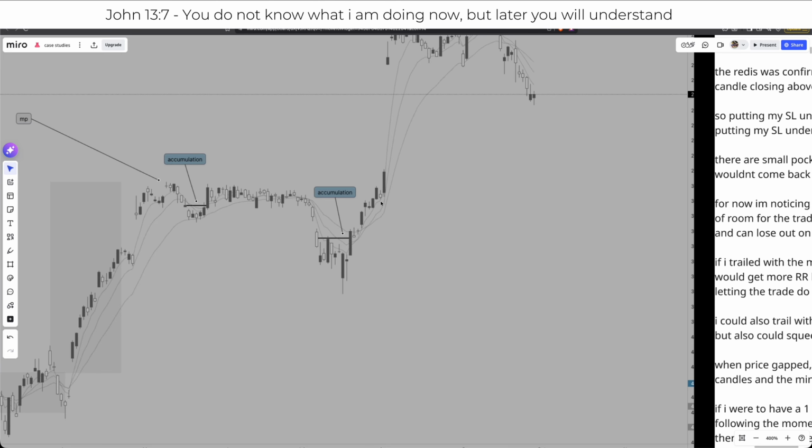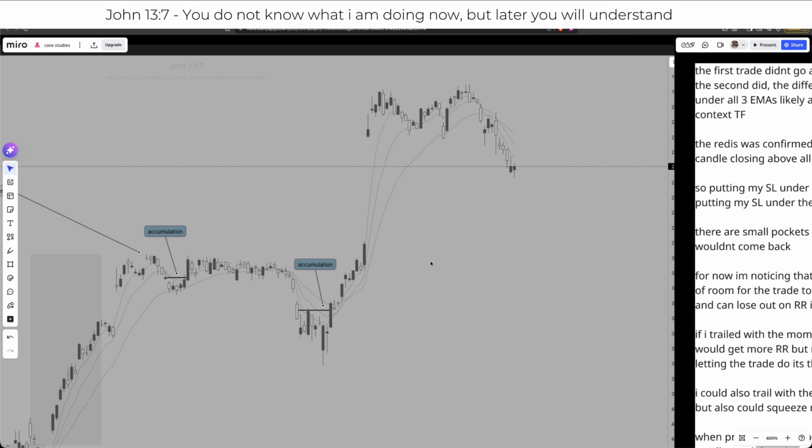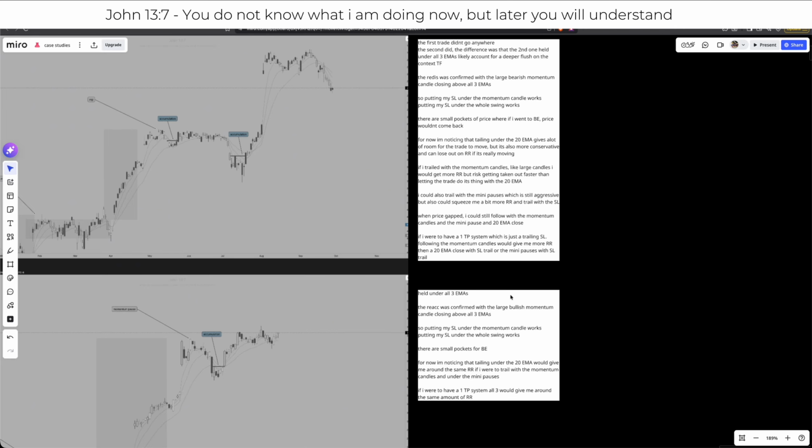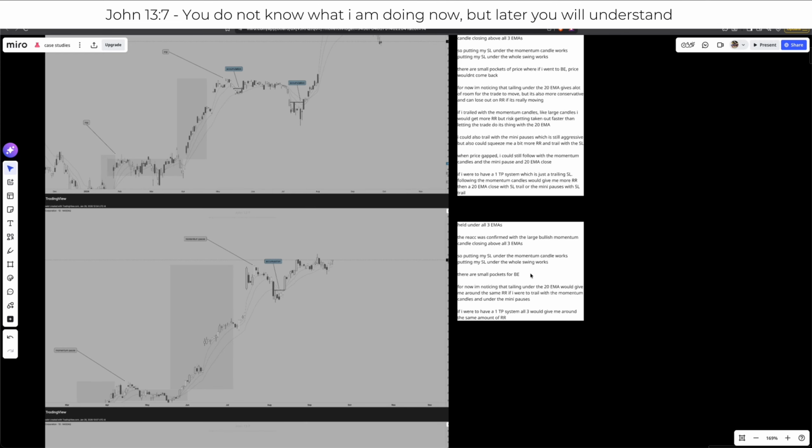Here it didn't have a swing point, just created the candle. So would it be under the candle that validates the pause? So if it validates the pause here, it'd just be under. Okay. Or swing works.